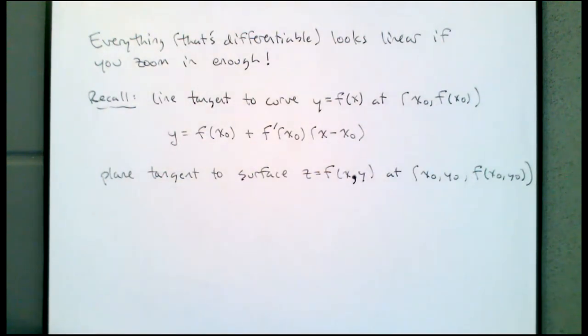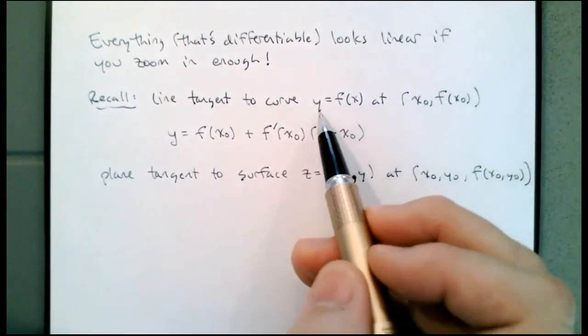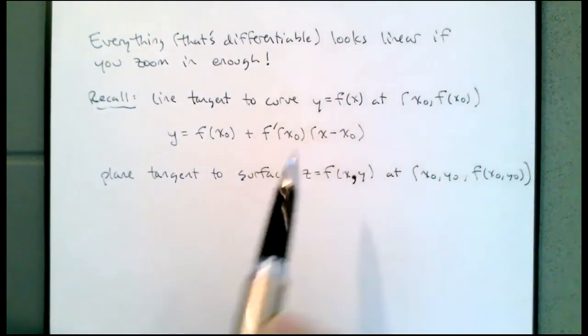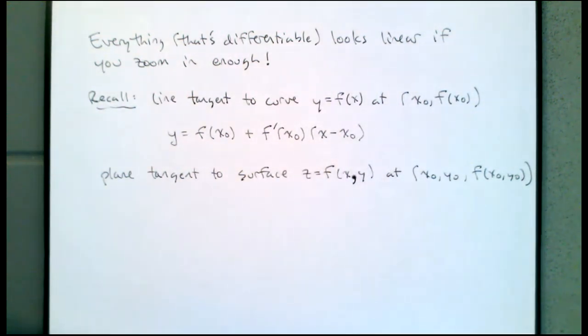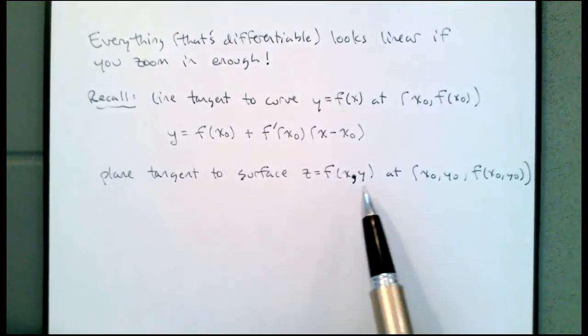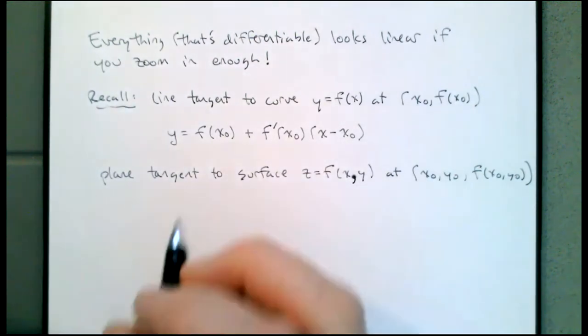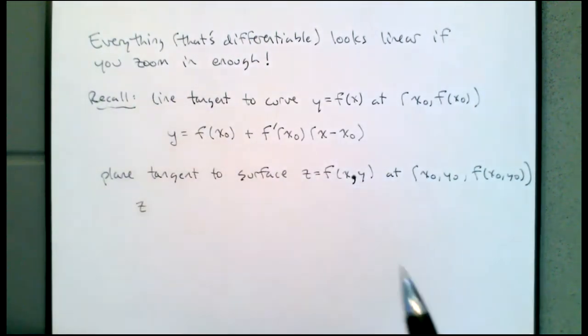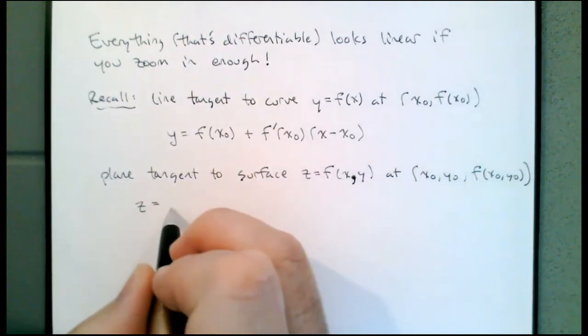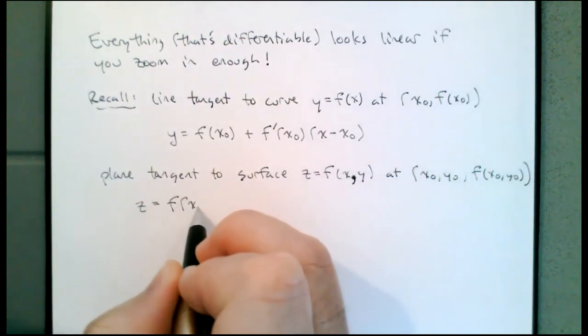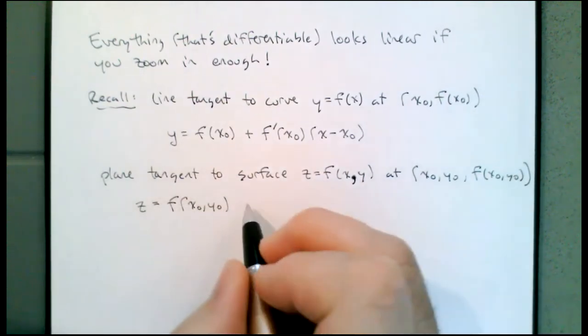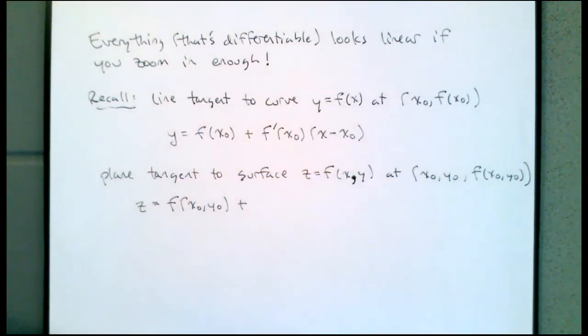When we had a function of one variable, we just had one derivative to worry about. But now that we have a function of two variables, we have two derivatives to worry about. So we construct the linear function the same way. We take our starting point, f at x naught, y naught. And then we just look at the two different changes.